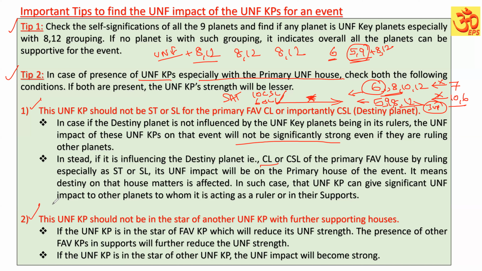Then the second condition: suppose one planet has the unfavorable houses 5, 9, 8, and 12, which, as I said, are unfavorable to the event of profession. This unfavorable key planet should not be in the star of another unfavorable key planet with further supporting houses.